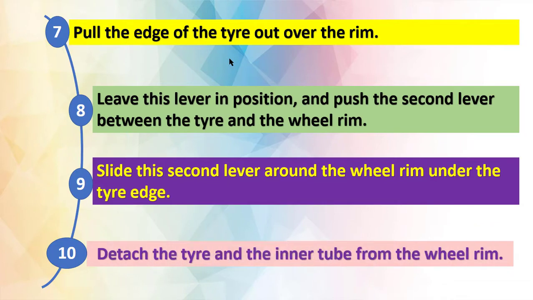The last and final step: detach the tire and the inner tube from the wheel rim. What did you notice? We noticed that we must begin with the basic form of the verb: pull, leave, slide, detach, and we call this the imperative form.